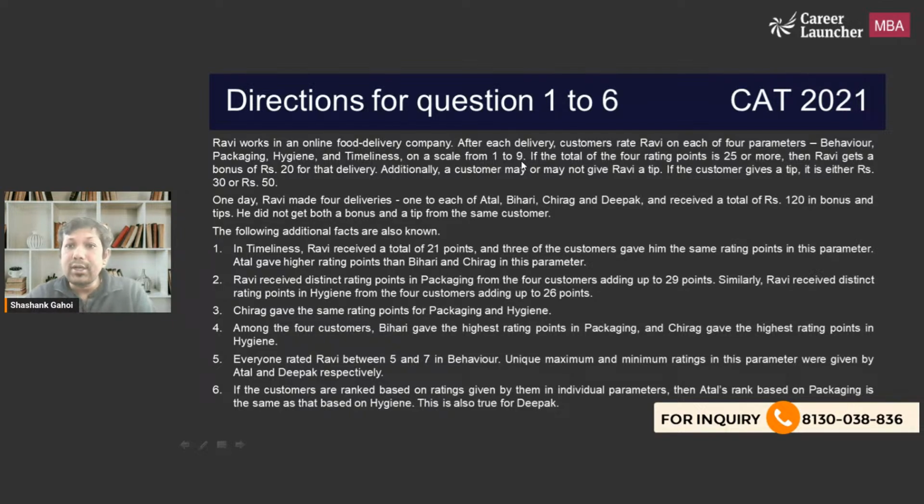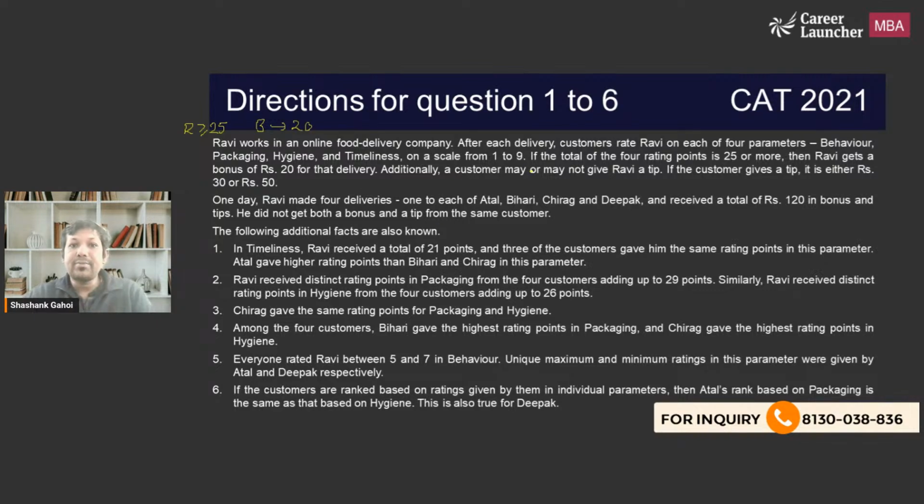If the total rating points are 25 or more, then Ravi gets a bonus of 20 rupees.